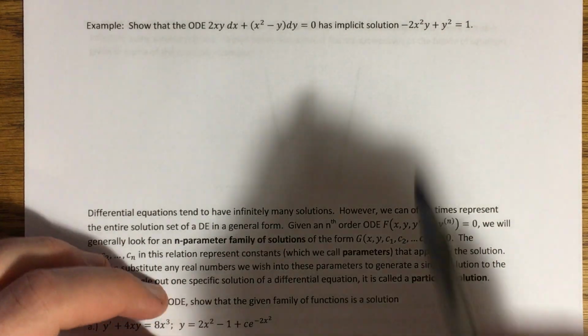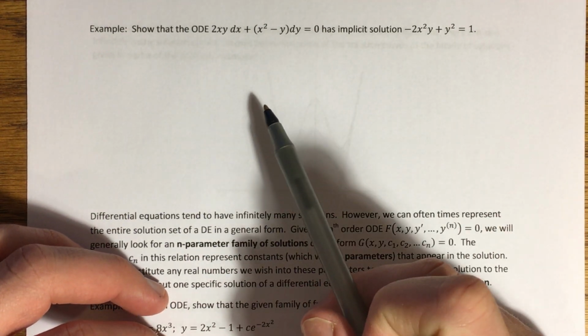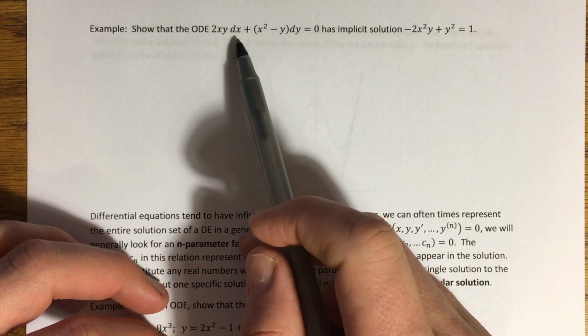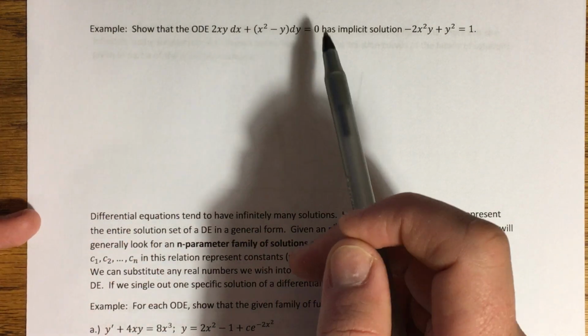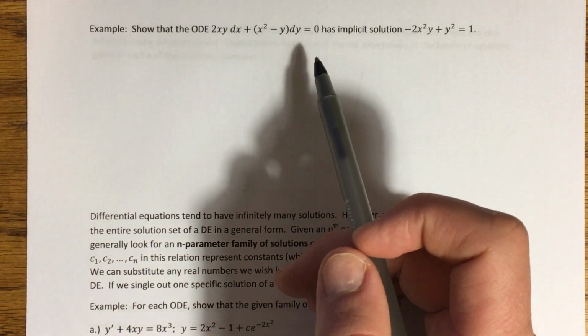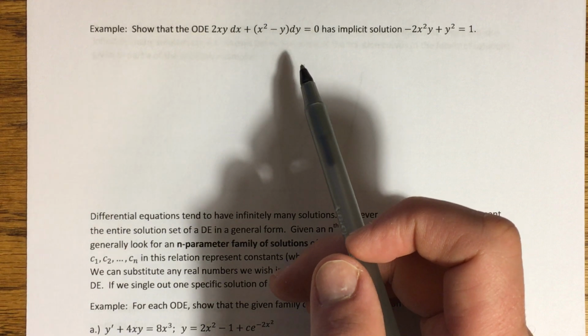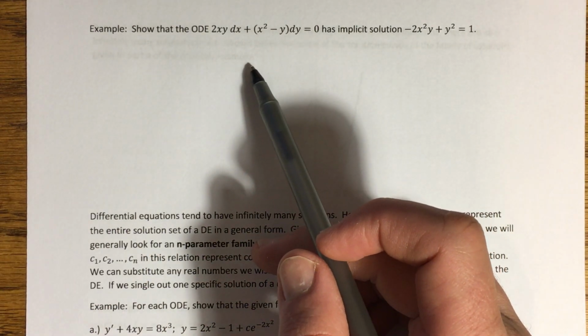But how do I verify that this is a solution to this? Well, it's tricky to find y and y prime to make substitutions in here. I can do it. It would involve implicit differentiation, which we're going to be doing anyways. I'm going to approach this in a slightly different way.